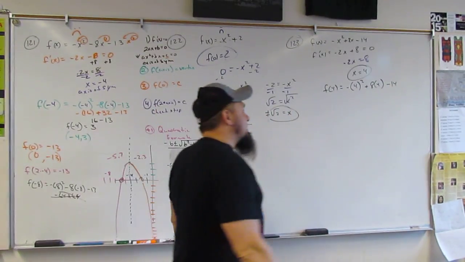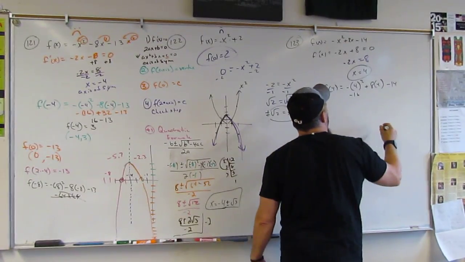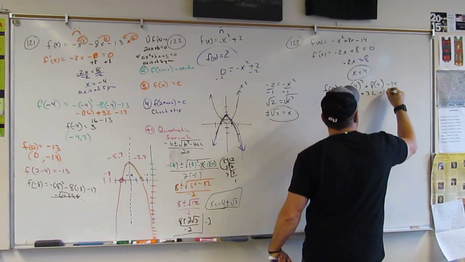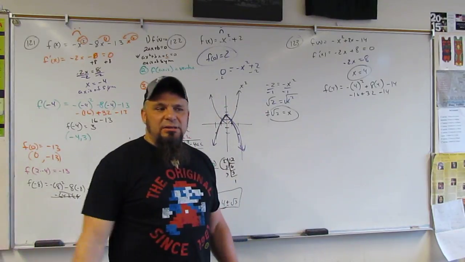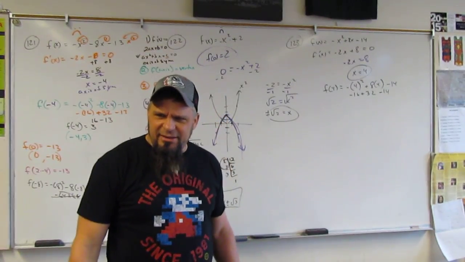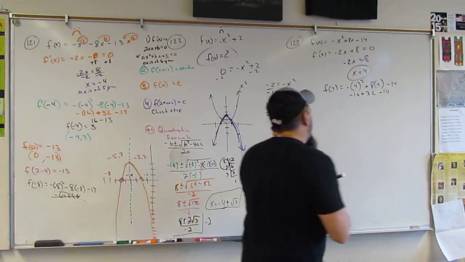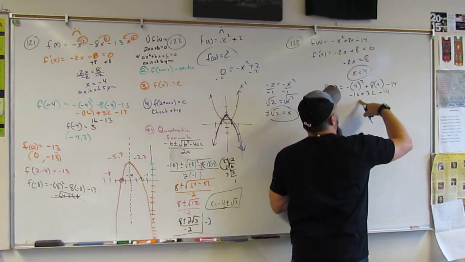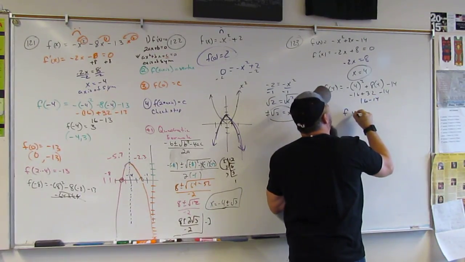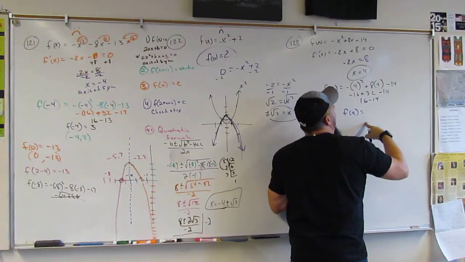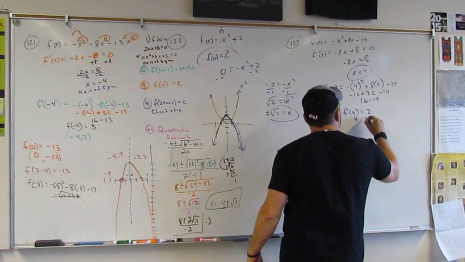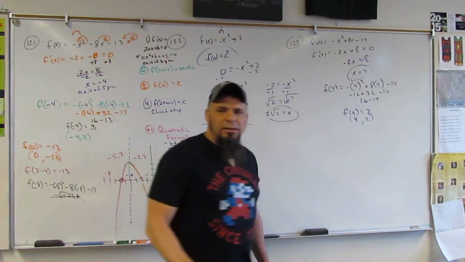So it's going to be negative 16 plus 32. Those are halves. That's beautiful. Minus 14. The only difference is really the 13 and the 14. So this is going to be 16 minus 14. So f of 4 is equal to 2. So our vertex is at 4 and 2.